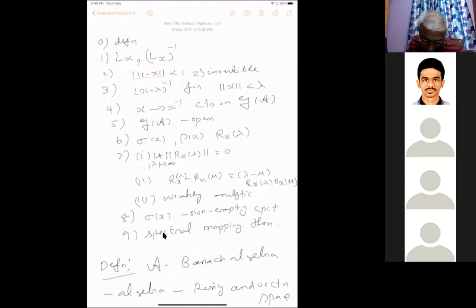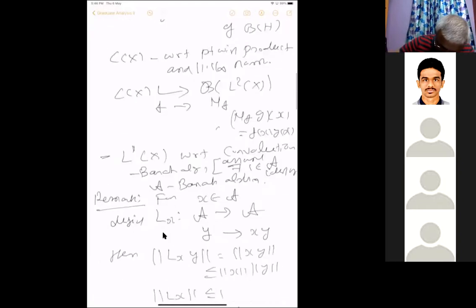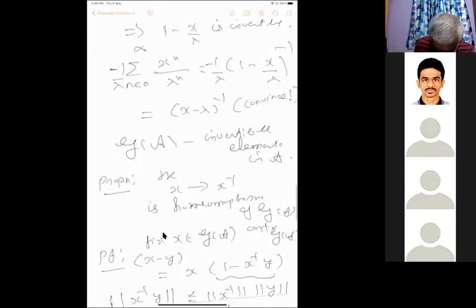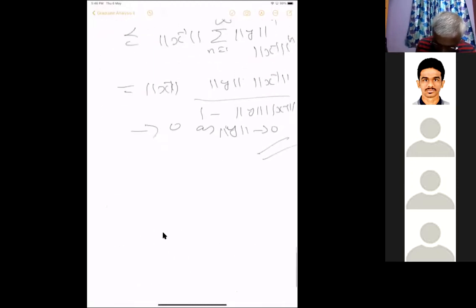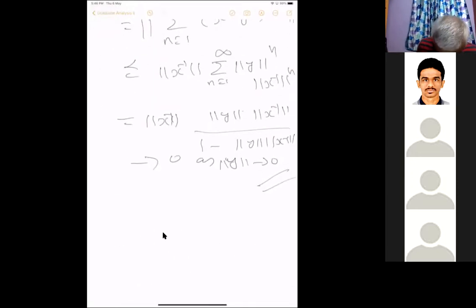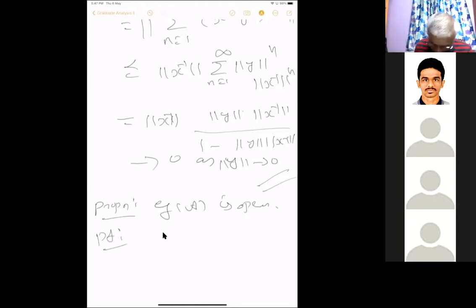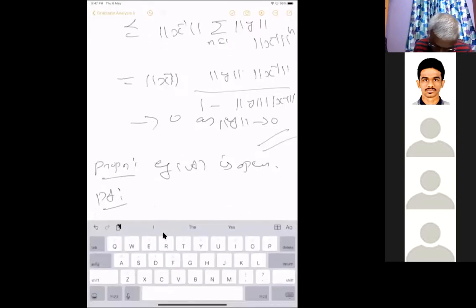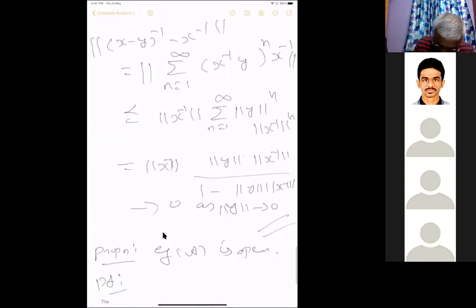Okay. Now we want to prove that the set of all invertible elements is open. The next proposition: G of A is open. So to prove open, you have to prove that all points are interior points. So clearly 1 is an interior point, because we have a radius.